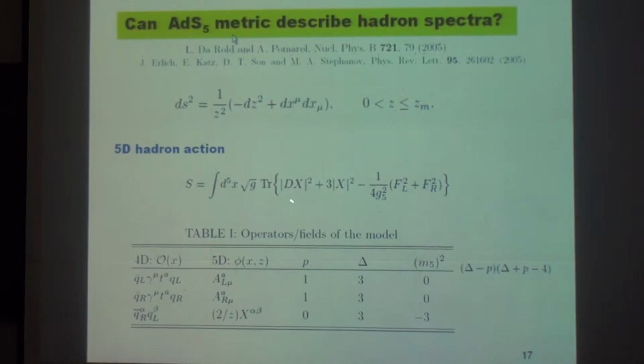The flavor symmetry remains there, and you need to introduce the duality between the operators and the fields. For the five-dimensional mass, you have to get it from the AdS/CFT dictionary.